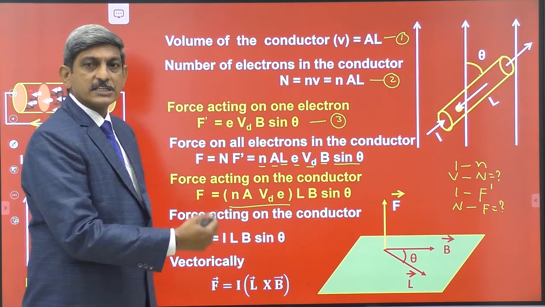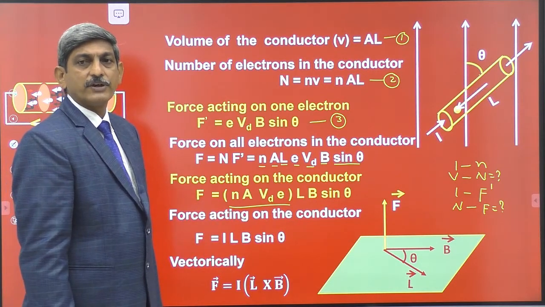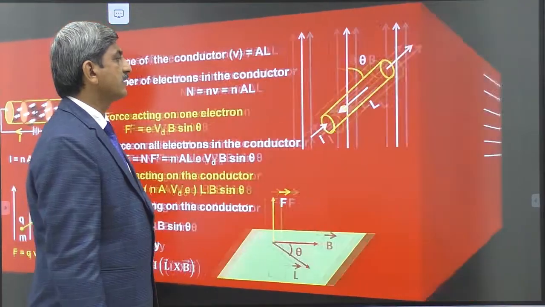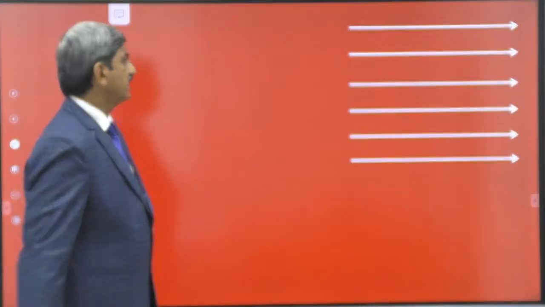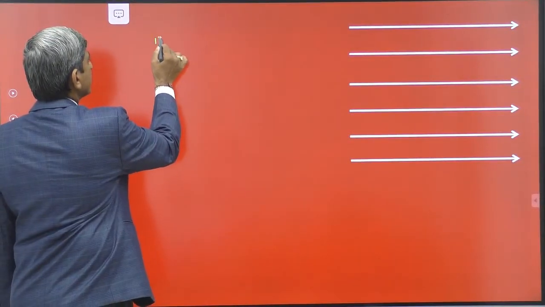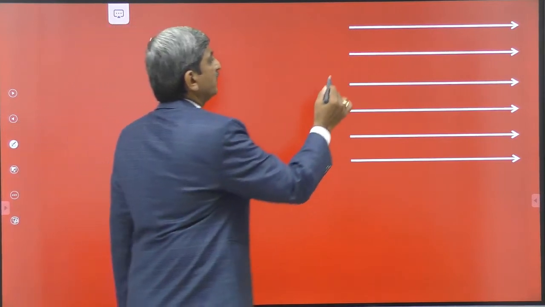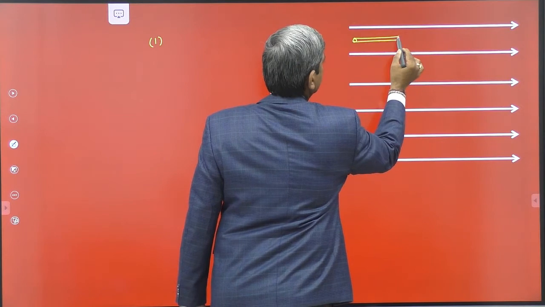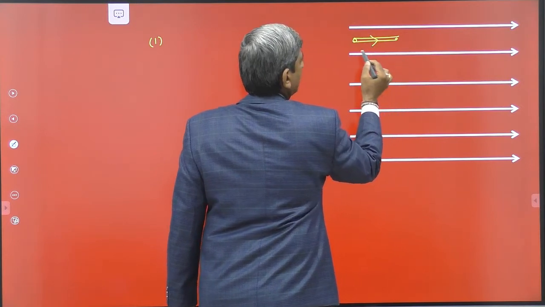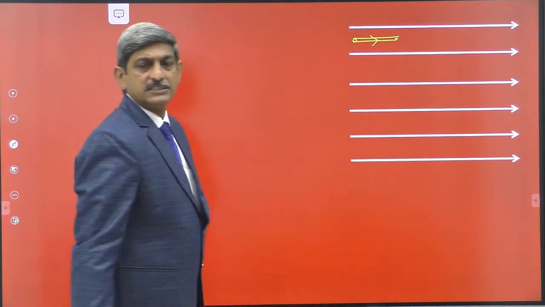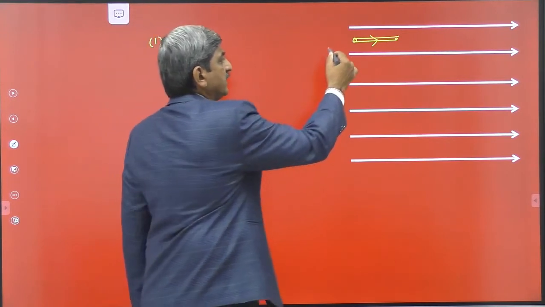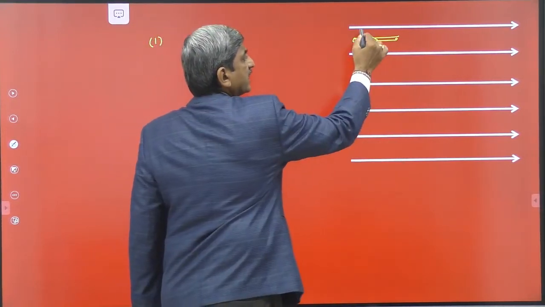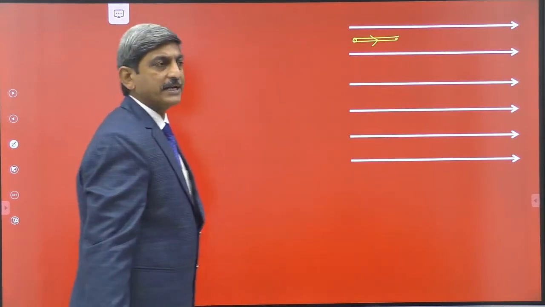Now I am going to discuss the different cases for the force acting on the conductor. For that, let us come to the first case. Suppose the conductor is placed inside the magnetic field such that the length of the conductor is parallel to the magnetic field and the direction of the current is in the direction of the magnetic field.